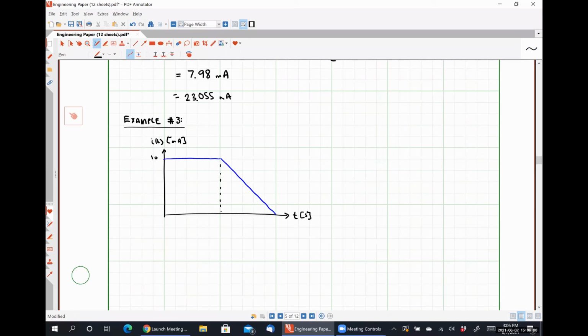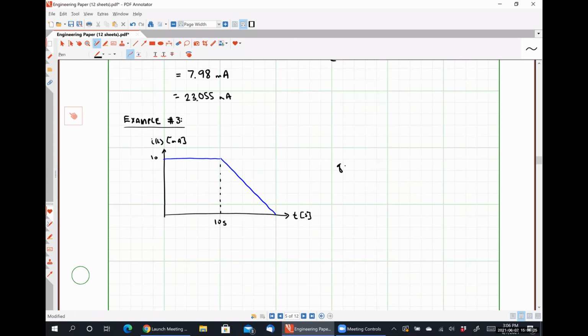And this value here corresponds to 10 seconds, okay? Our goal is to determine the amount of charge that is passing through a circuit element over the time interval.